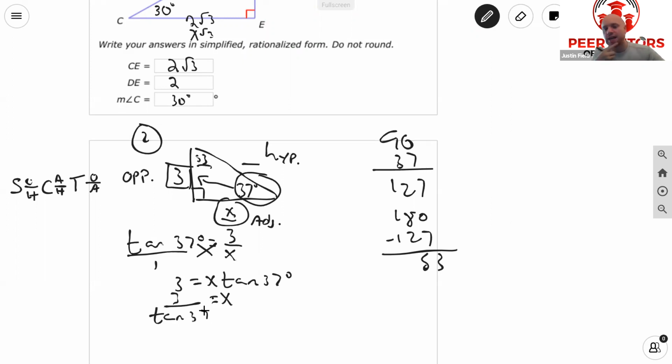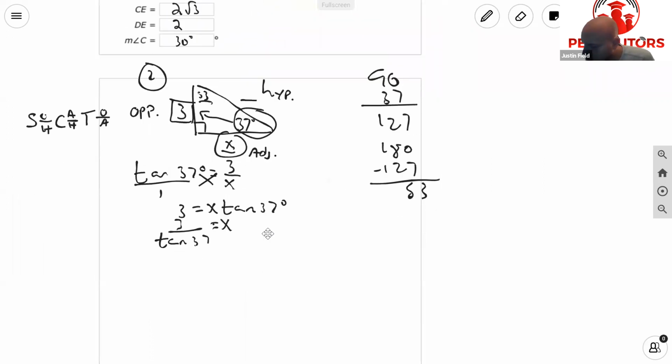So 3 divided by the tangent of 37, you can use a calculator for that, is approximately 3.98. So the exact value would be 3 divided by the tan of 37, but the approximate value is 3.98.